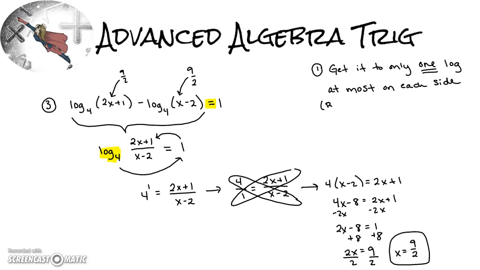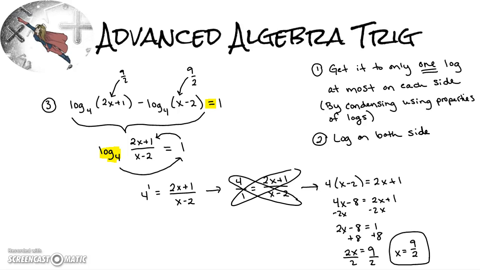And you do that by condensing using the properties of logarithms. So that's step 1. And then in step 2, if you have a log on both sides, you can just think of it like canceling them. Cancel the logs and solve.